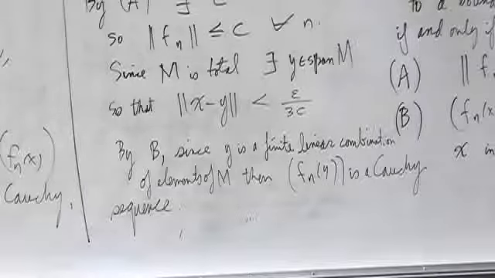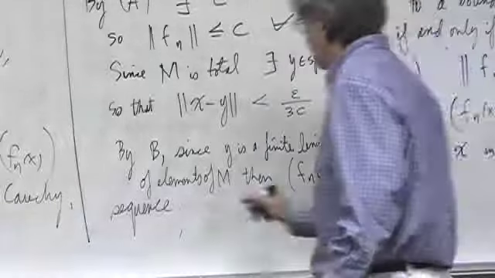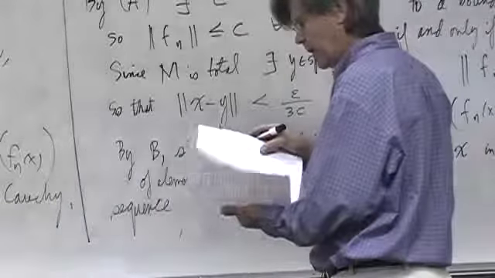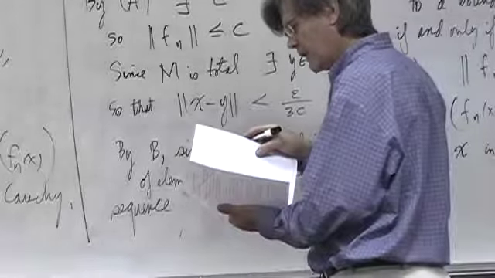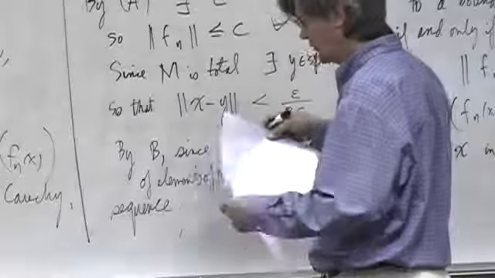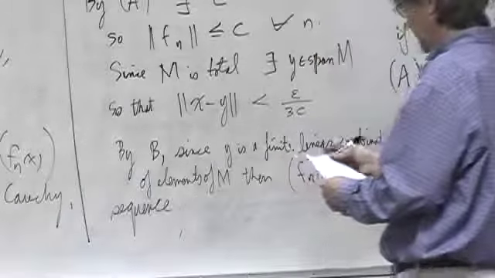Now what I want to do is show that Fn of X is a Cauchy sequence. And I need to show that there really is some linear functional that does the job.